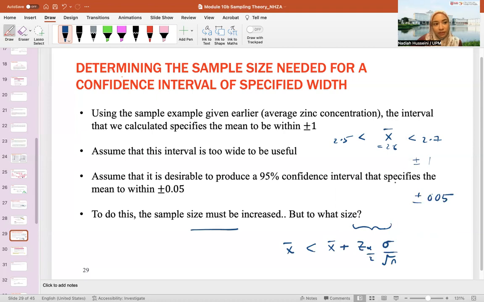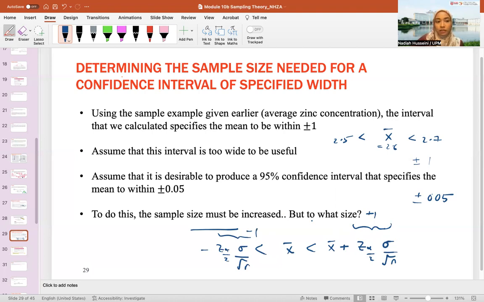From here, I know that this is plus 1, and I have another one over here, which is minus 1, right? Minus z alpha over 2 times standard deviation over square root of n. And this guy is supposed to be minus 1. This is the plus minus 1 interval that we got earlier.